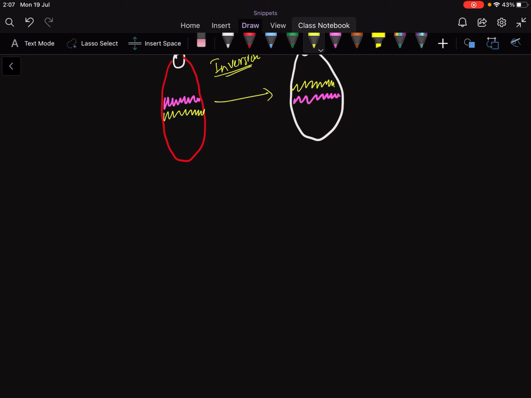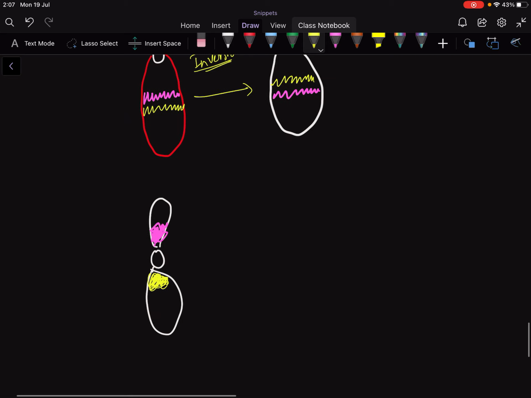Okay, now we will talk about another type of inversion. As you can see here, this is the pink area, and here is your yellow area with genetic material in it. So what is happening here?